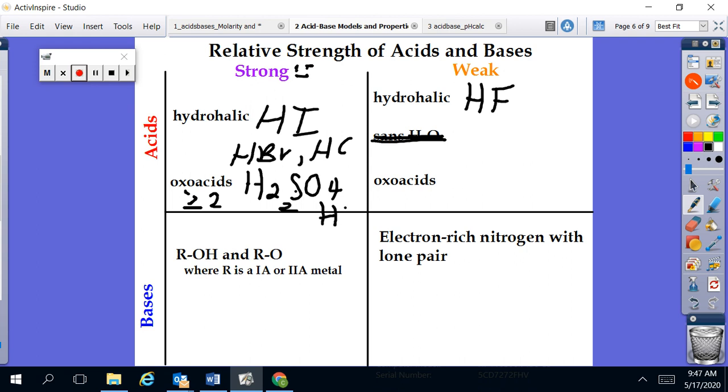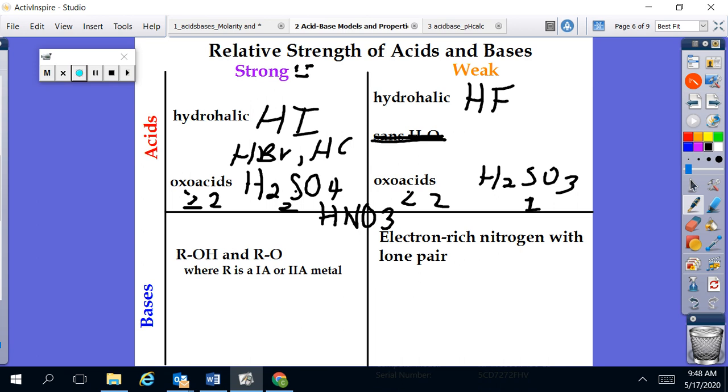Something like nitric acid, where the oxygen is 3 and the hydrogen is 1: 3 minus 1 is 2. It's greater than or equal to 2, so it's considered a strong acid. Weaker would be less than 2. Something like sulfurous acid: the difference is 3 minus 2, which is 1, which is less than 2. So that's an example of how to figure out whether it's a weak or strong acid if it has a polyatomic.